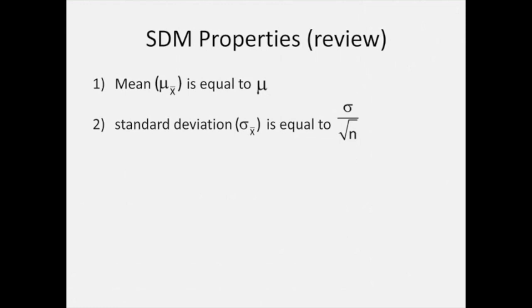We know that its mean, mu x-bar, is equal to the population mean, mu, and that its standard deviation is equal to the population standard deviation, sigma, divided by the square root of our sample size, n. The standard deviation of a sampling distribution is called the standard error.